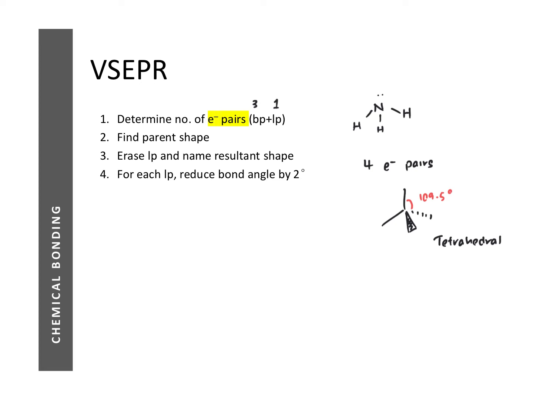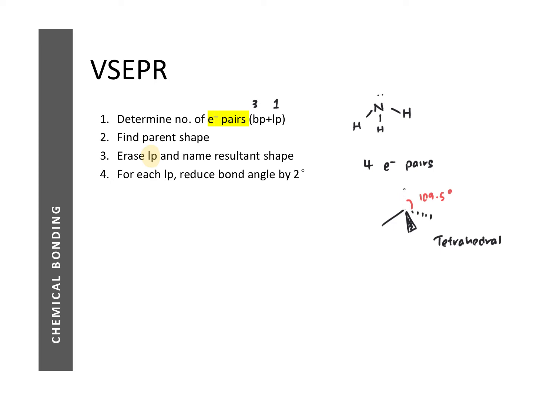After that, in order to find the shape of the molecule at hand, you then erase the lone pair. If there's a lone pair, you erase it, and then you name the resultant shape. So for example, if you look at ammonia again, the lone pair is here.